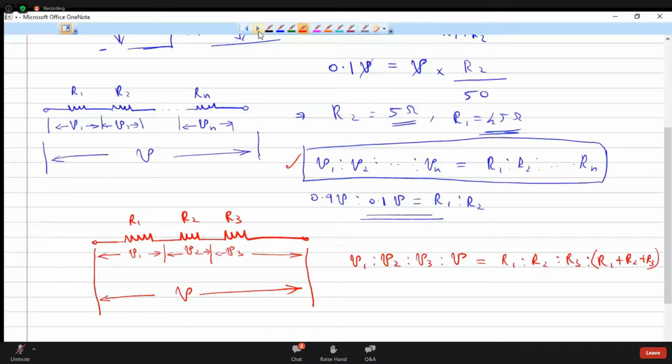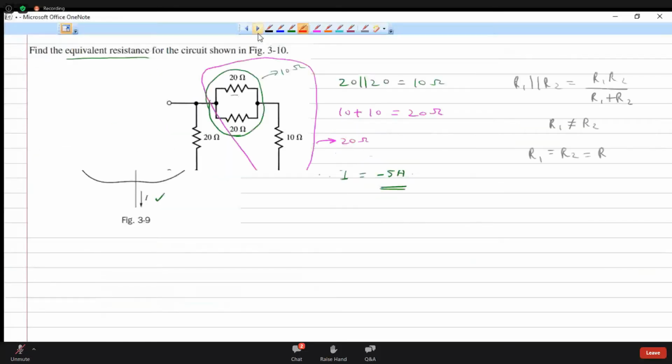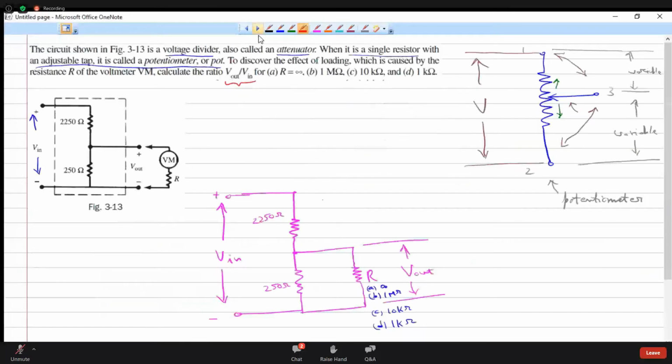Now use that result here so that we can easily find out what is the voltage coming here.